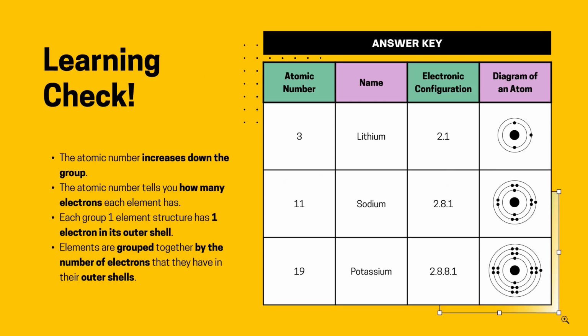Now, we did one question in the starting where we wrote the electronic configuration and drew the diagram of an atom for lithium, sodium and potassium. Can you figure out what is the same in all three? Pause the video and think.